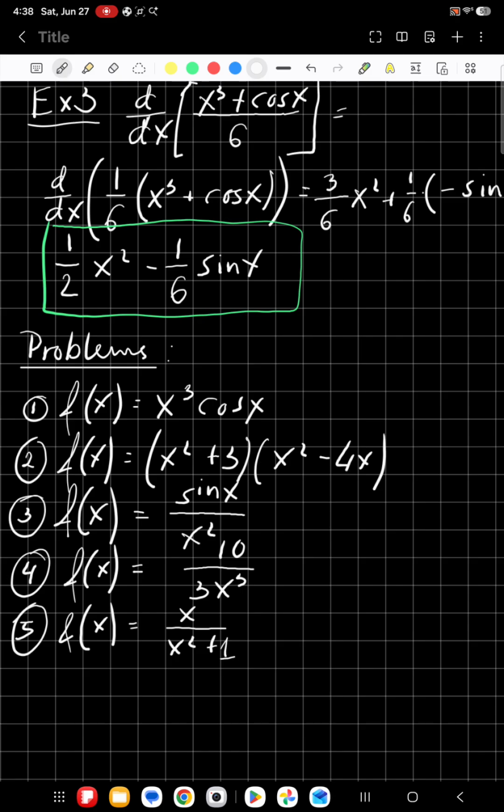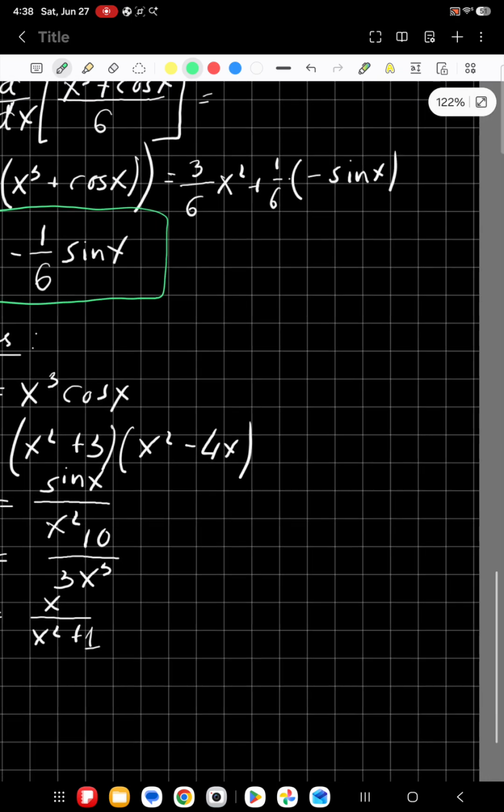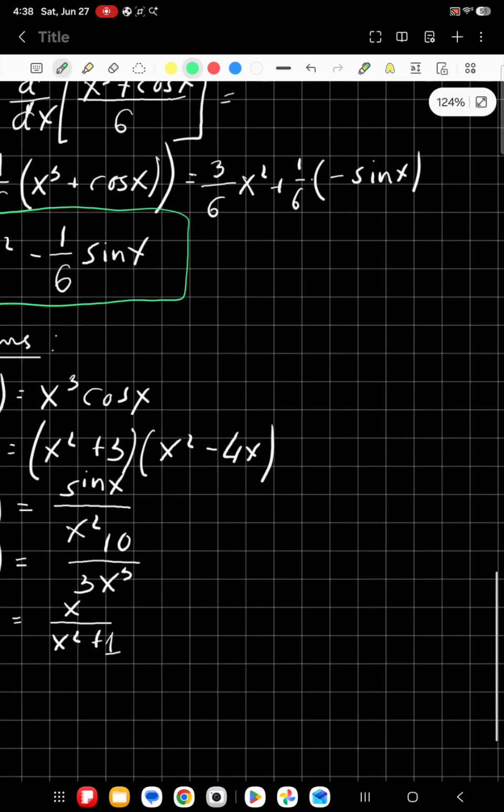So 5 problems, and here are the answers. The first one is x squared times 3 cosine x minus x sine x.